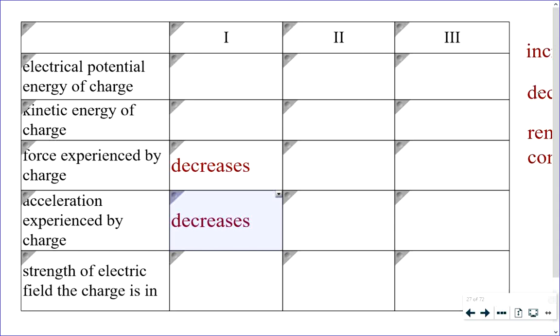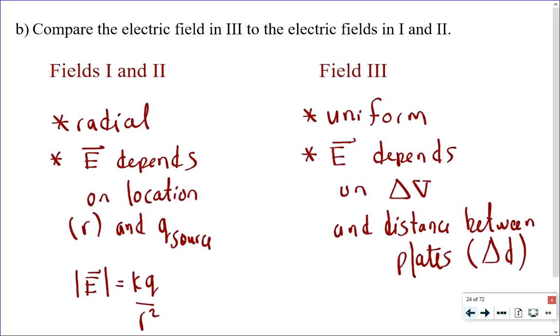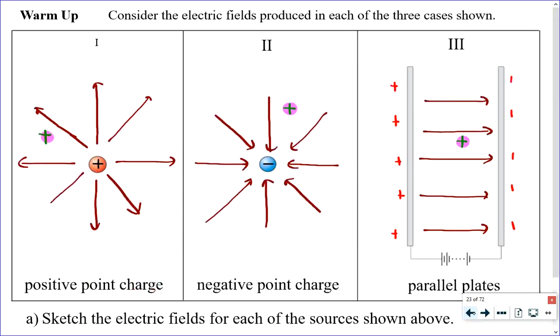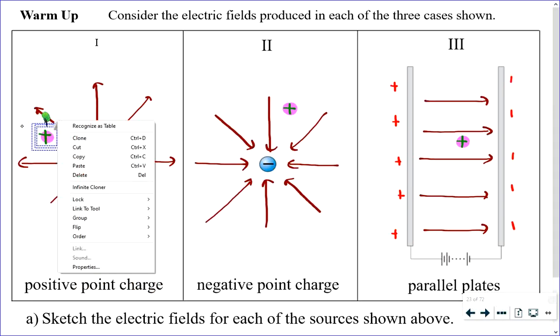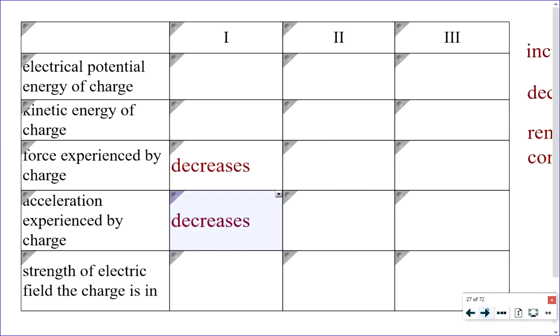What happens to the strength of the electric field that that charge is in? Well, it goes from perhaps here to here. And the final location is further away and the field lines are further apart, and that means that the electric field it finds itself in is less.